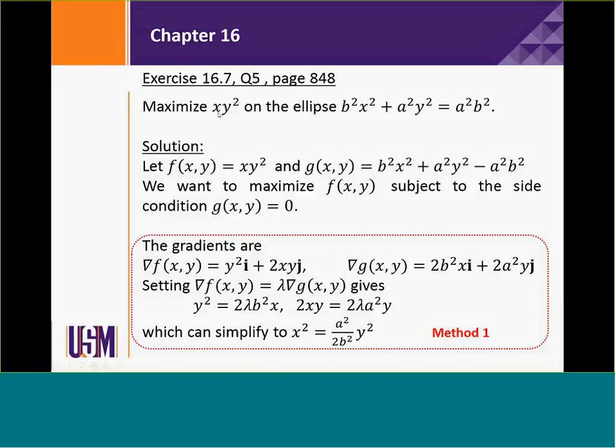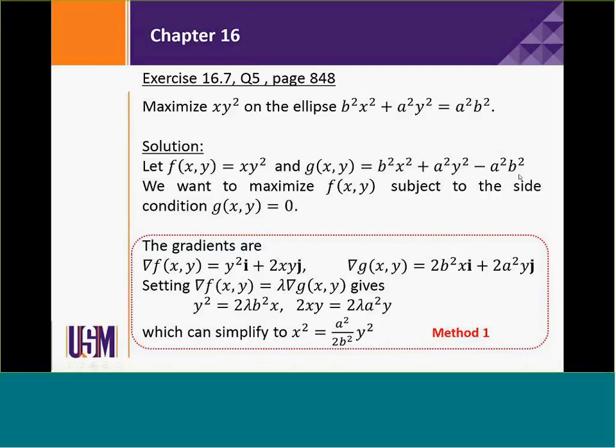The function to maximize is xy squared, so it is f. On the ellipse means this is the condition. The condition is g(x,y), remember we need to define g(x,y), equal to 0. So everything on the right hand side moves to the left hand side. So g(x,y) is now b squared x squared plus a squared y squared minus a squared b squared.